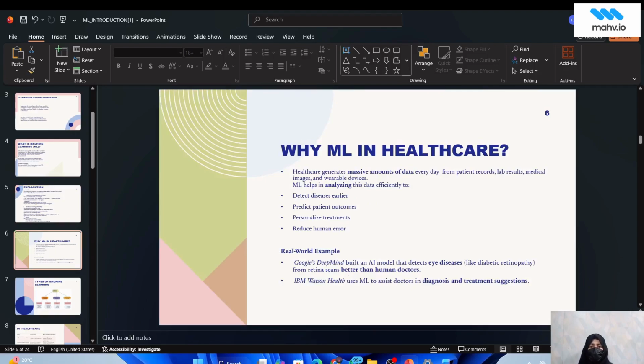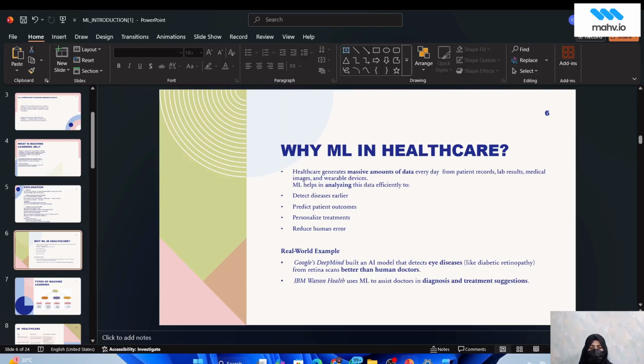After that, why ML in healthcare? What is the reason behind using ML in healthcare? Healthcare generates a massive amount of data every day from patient records, lab results, medical images, and wearable devices.